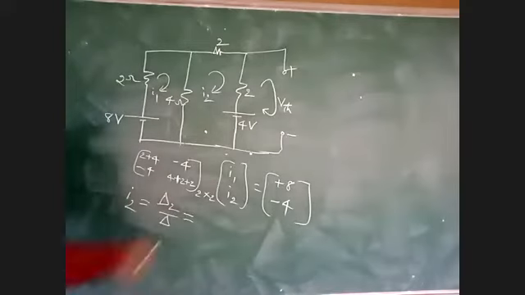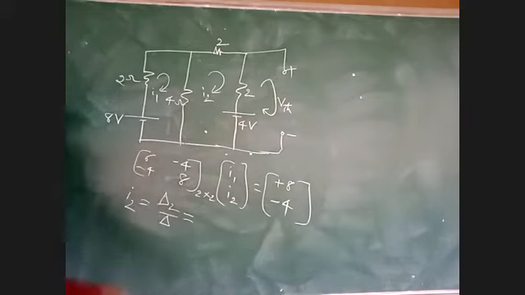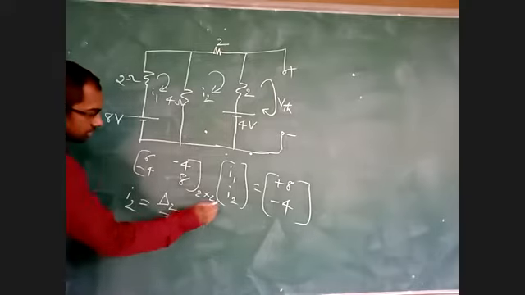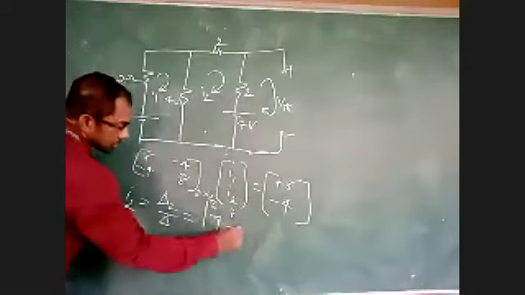What is delta 2? First of all, write down 4 plus 2 is 6. This is 8, this 6, this 8. Now replace the second column with the voltage sources 8 and minus 4.